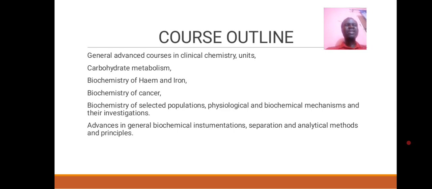We also look at the clinical chemistry unit, which we are familiar with, and we'll be playing with different units as regards clinical chemistry. Then we are still going to look at carbohydrate metabolism.